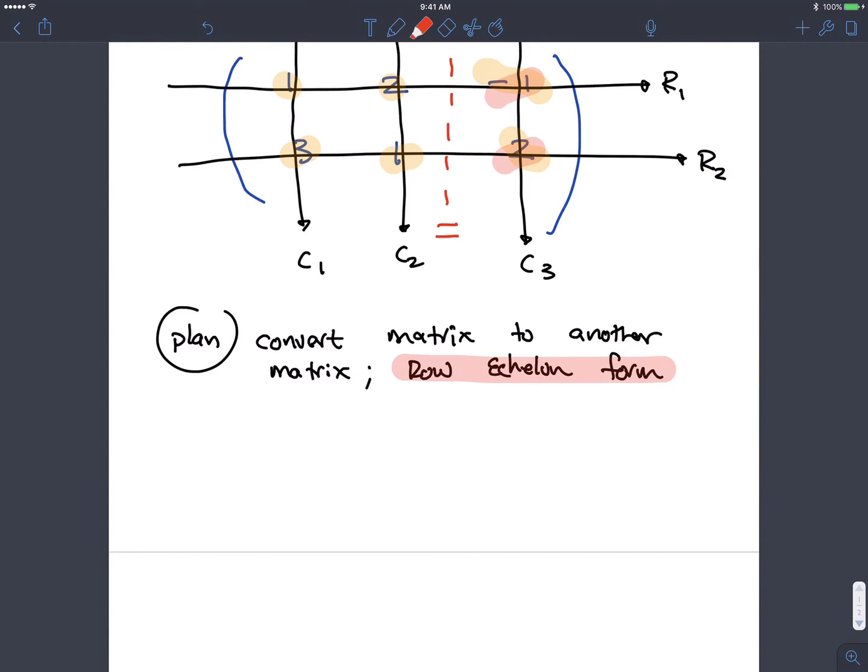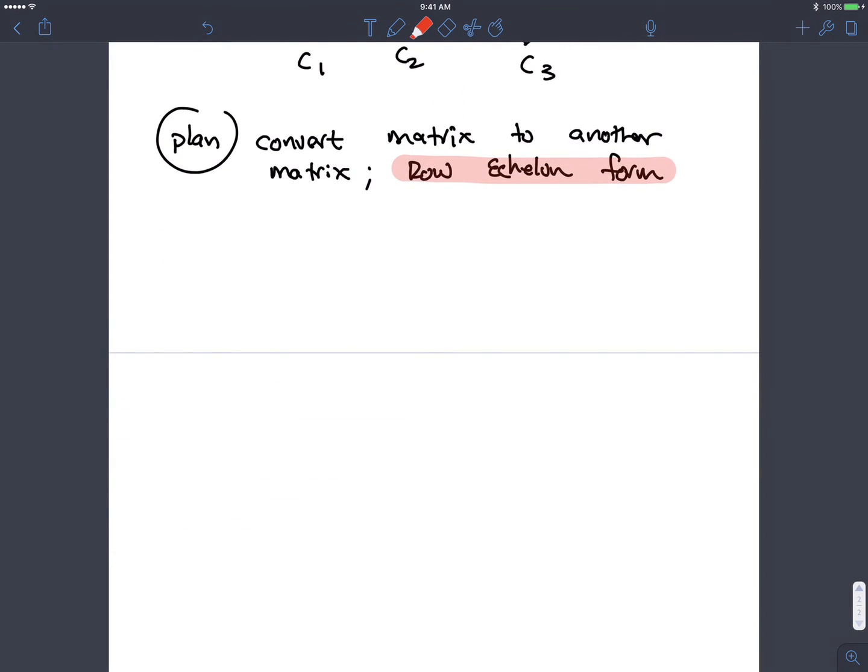That's our plan. And you say, what's a matrix in row echelon form? Well, a matrix in row echelon form looks like this. Here's our augmentation. I'm going to put an entry here. I'm going to put an asterisk. I'm going to put an asterisk. I'm going to put an asterisk here.